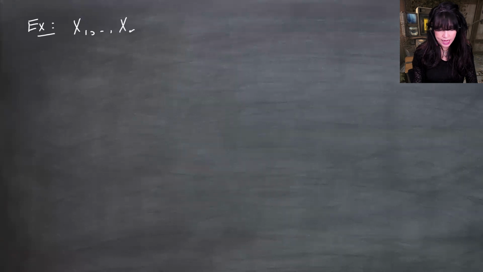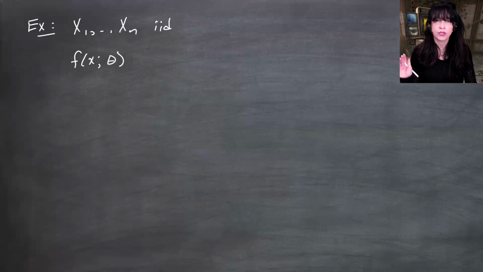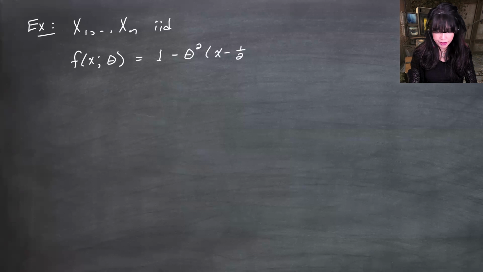For my first example, suppose that we have X1 through Xn IID from a continuous distribution with this kind of strange looking PDF. I'm going to have a parameter theta, and this is going to be 1 minus theta squared times (x minus 1/2).